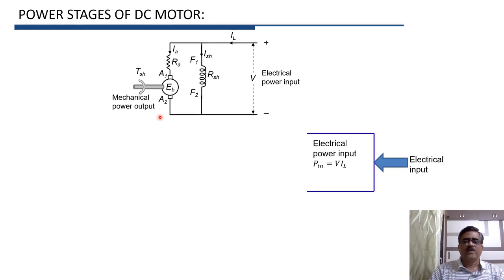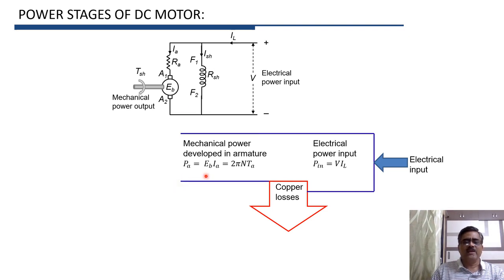And therefore, out of electrical power input, that is V into IL, some power is wasted as a copper loss, that is copper loss in armature and shunt field winding, and remaining power is the power developed in armature, that is EB into IA, and it is equal to 2 pi n TA, where TA is the torque developed in armature and n is speed in revolutions per second.